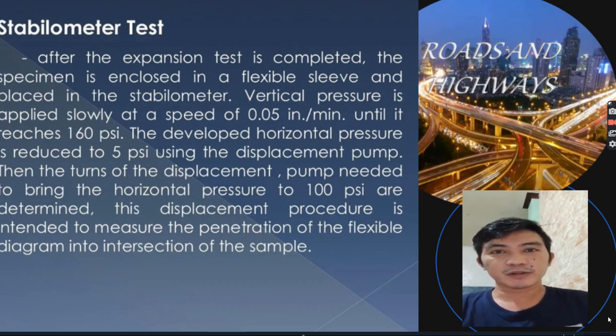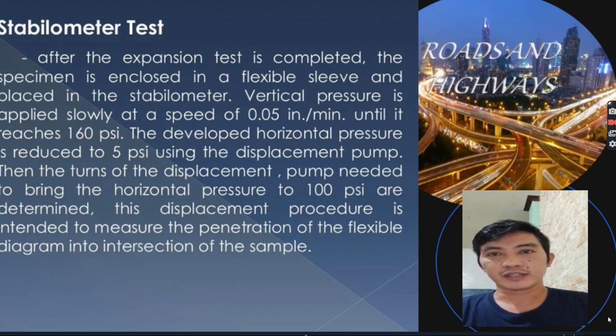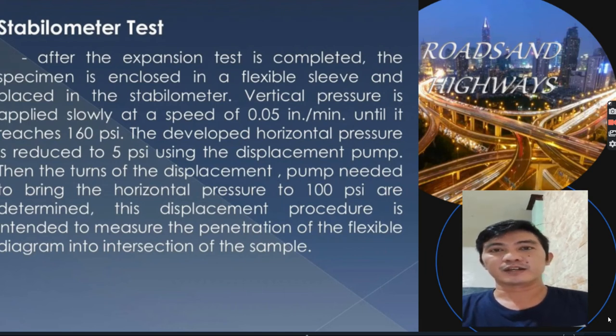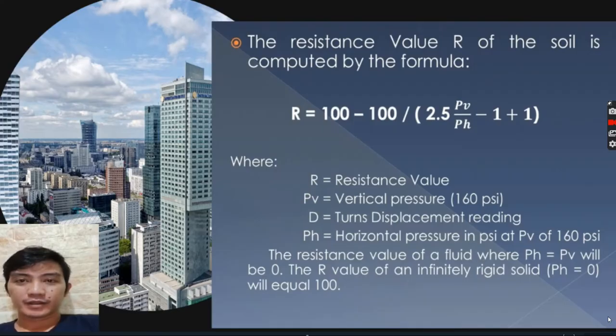Using the displacement pump, the turns of the displacement pump needed to bring the horizontal pressure to 100 psi are determined. This displacement procedure is intended to measure the penetration of the flexible diaphragm into the sample. The resistance value R of the soil is computed by the formula.